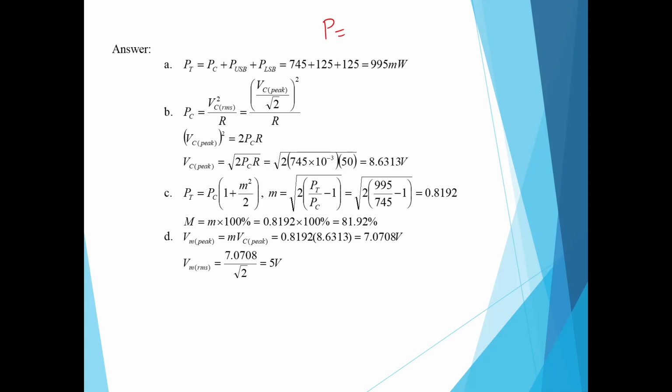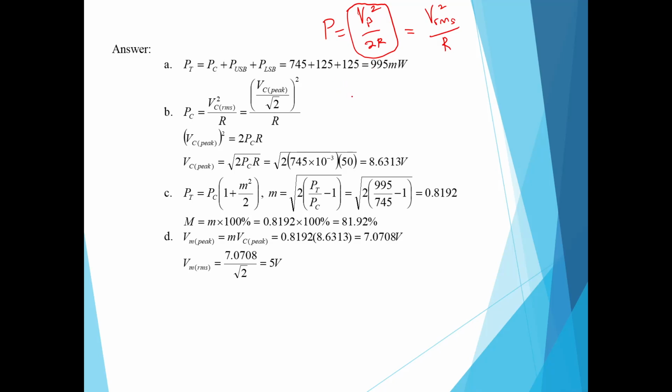Power is equal to V peak square over 2R, or this is also equal to Vrms square over R. Now the question asks how much is the V peak. If it is a V peak, that means we can use this equation to find the peak amplitude.